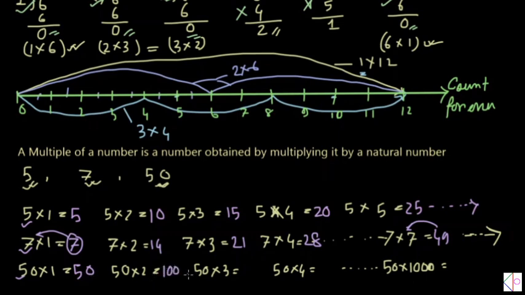So here it is 100, next 150, here it is 200. And finally, we have to add 3 zeros at the end of 50. That means 50, again 0 0 0. Those are the multiples, and it goes far beyond from here.